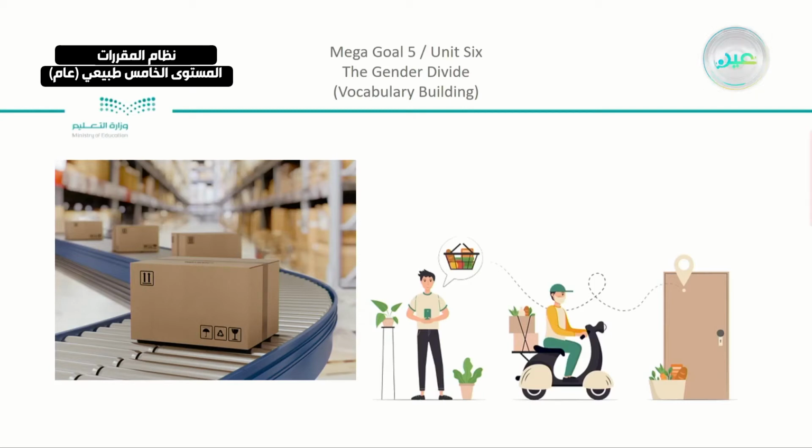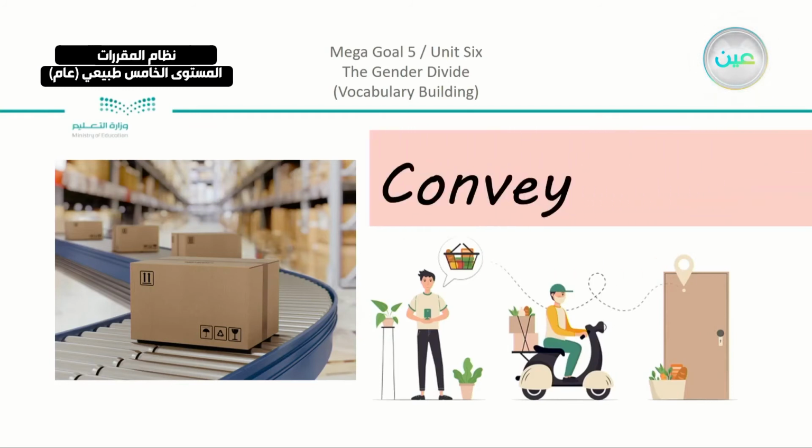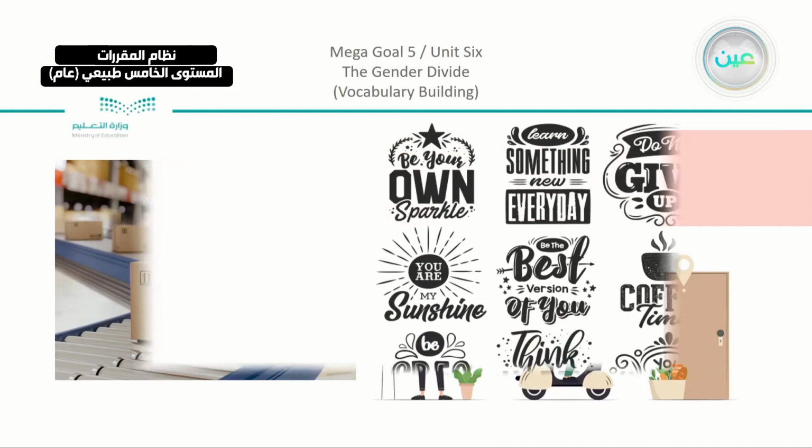So we have here the word convey. We know now that it can be used either for abstract meanings or things that we actually are moving from one place to another. It can be my meaning, the thing that I want to deliver to other people, what I believe in, what I am interested in. So let's go back to the meanings.